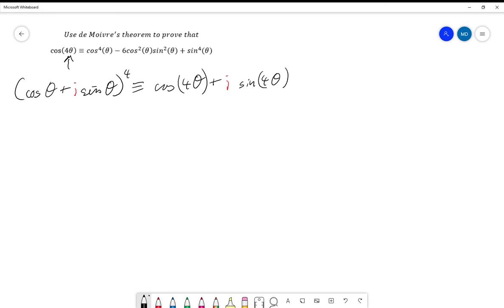And then expand again. In this case, we want to use our binomial theorem. You want to either use Pascal's triangle or your calculator to get the coefficients.